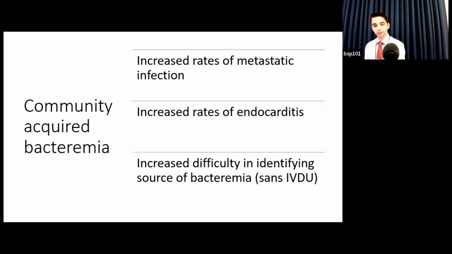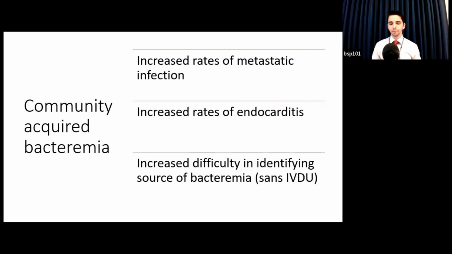In community-acquired disease, another important point is that bacteremia is often present for longer periods. Patients don't come to care as quickly as if they're already hooked into the healthcare network or they're already in the hospital. So patients may present with a week or two of fever as opposed to fever for one day and then sent right into the emergency room.